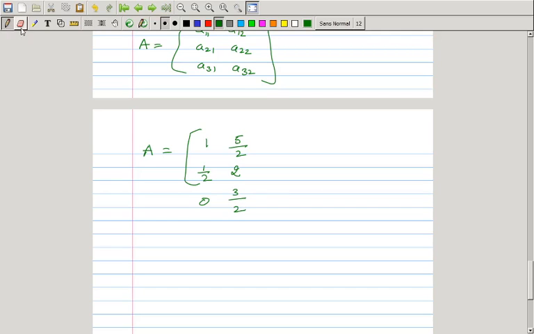Right, so this is our final matrix, the required matrix.